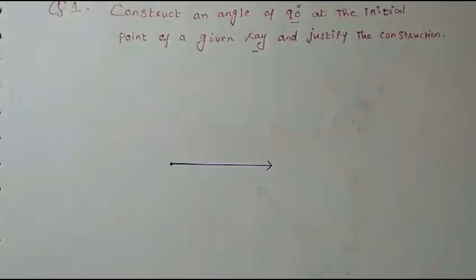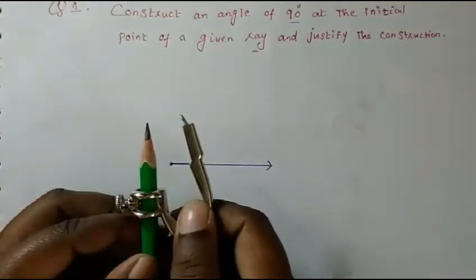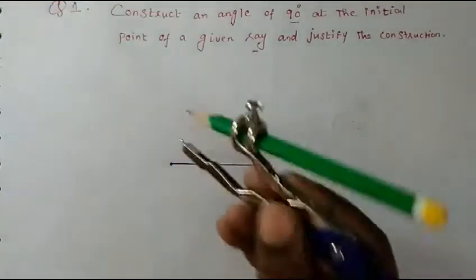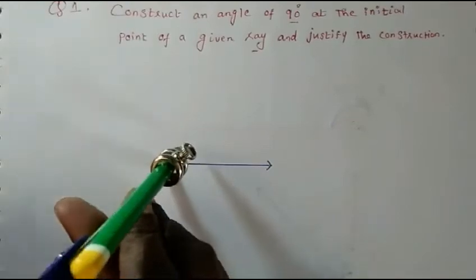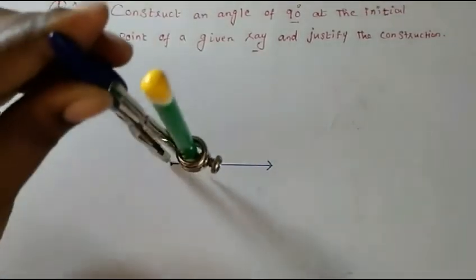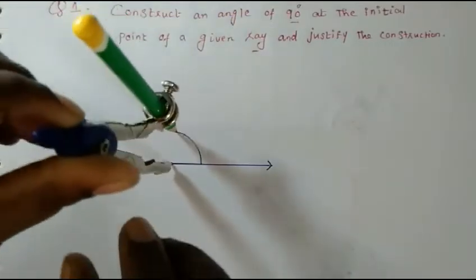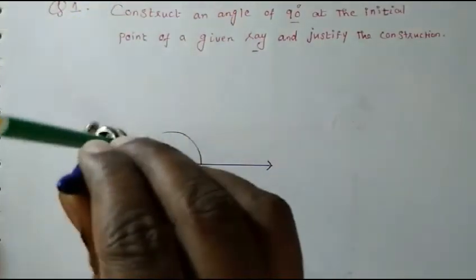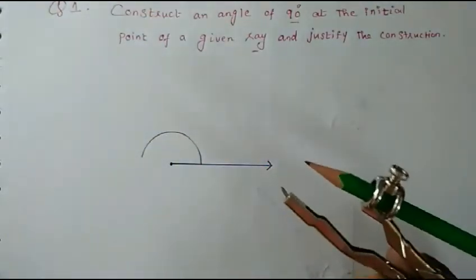So how to do? We have to take the compass, open any measure, keep it on the initial point and draw a semicircle.